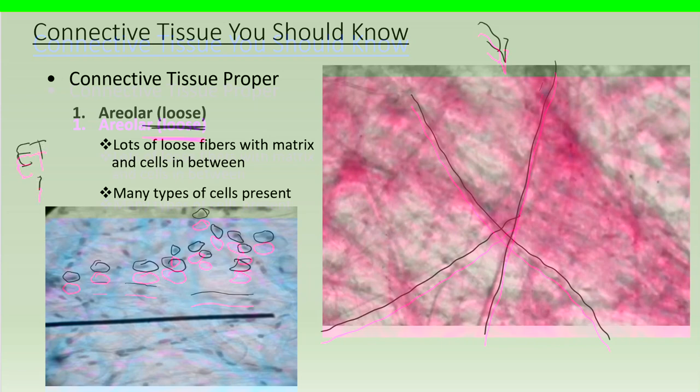So where you tend to have epithelial tissue, like we looked at before with your simple cuboidal, for instance, right underneath it, under the basement layer, you would have this areolar connective tissue, with lots of fibers interspersed like that. When we get into the integument portion, looking at the skin, you'll see how you're always going to have that loose connective tissue right under the upper epithelial tissue layer.